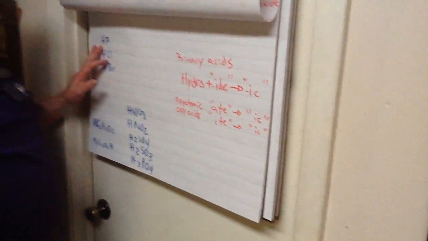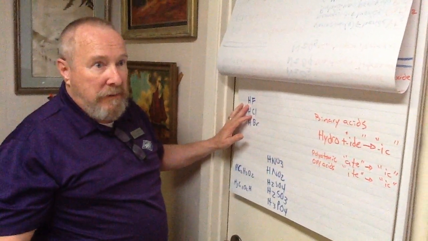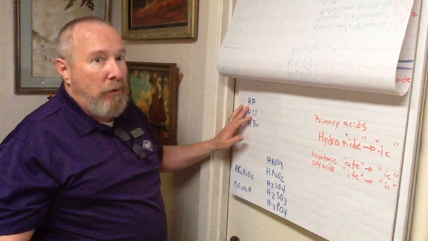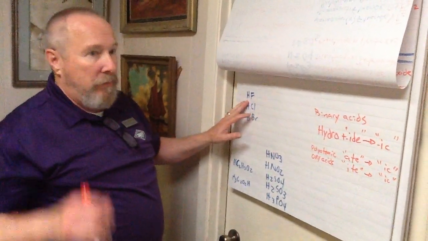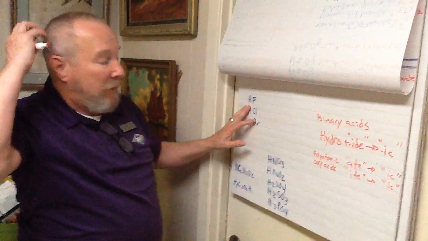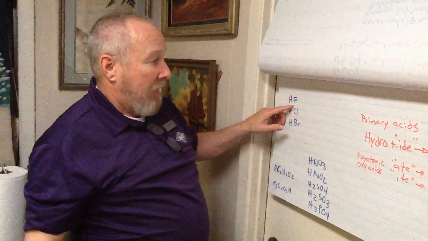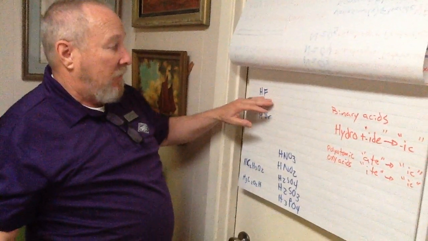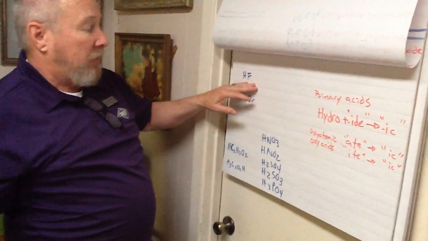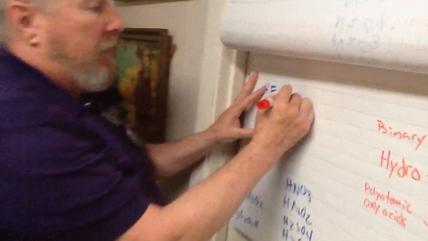So for example, if I have the compound hydrogen fluoride, it's a highly polar covalent compound, but as soon as I put it into water, those dipoles in the water give me some dipole-dipole interaction, and this actually is so polar covalent that this is an acid. The H and the F can come apart to give me H plus and F minus. It's hydrofluoric acid when I dissolve this hydrogen fluoride gas in water.